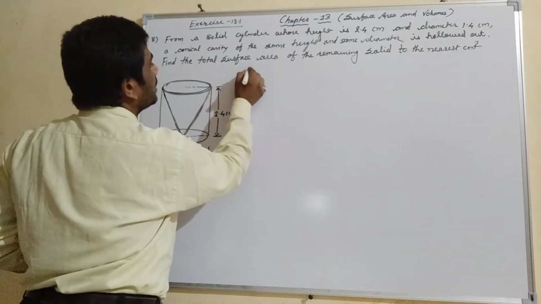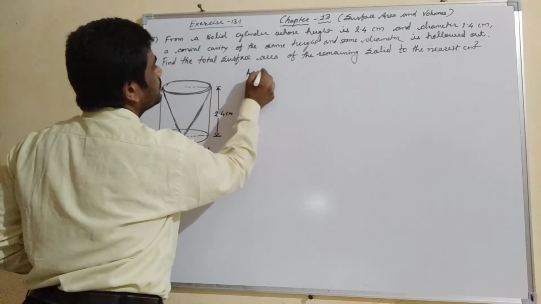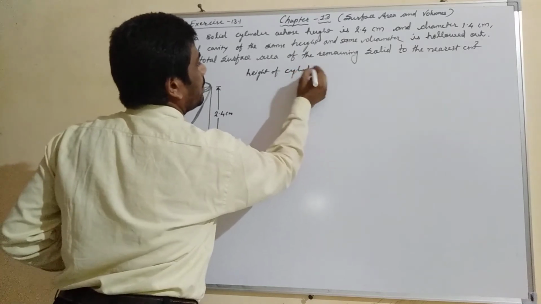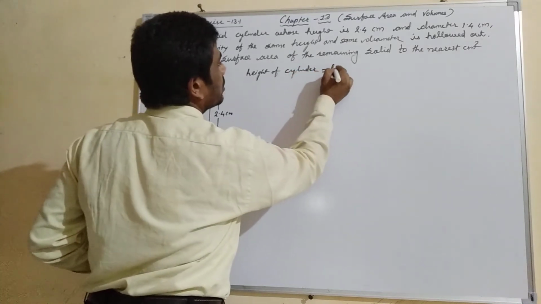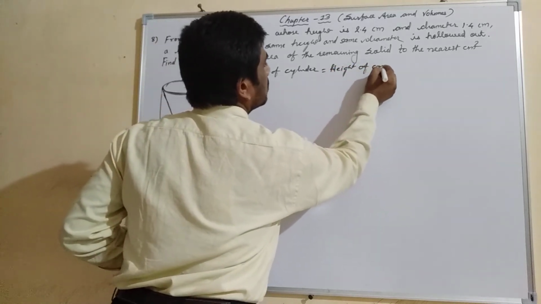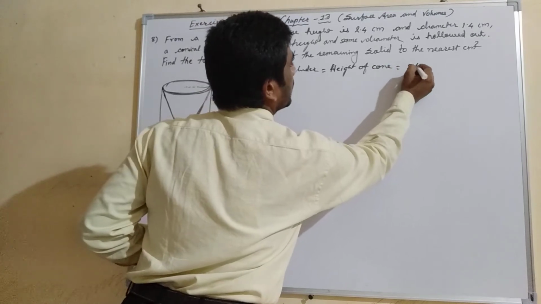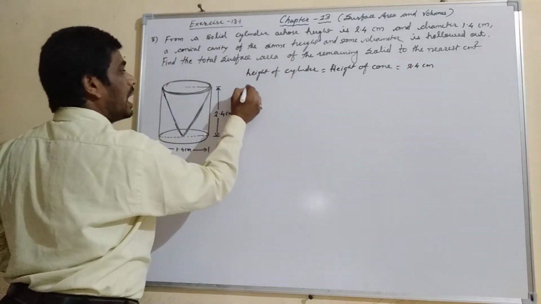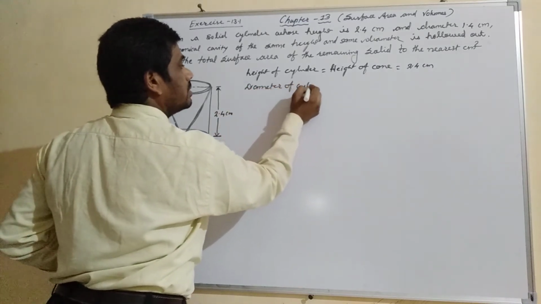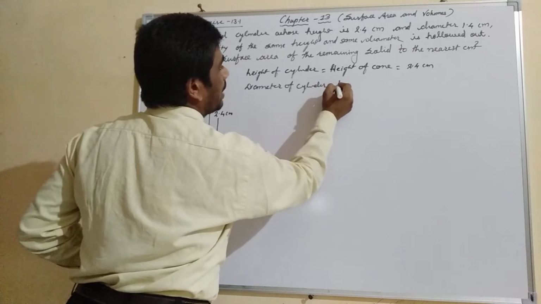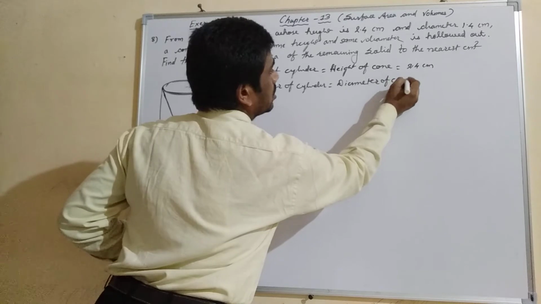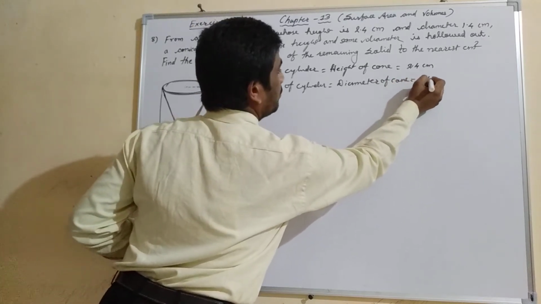This is the height of the cylinder, and that will be the height of the cone, equal to 2.4 centimeter, and diameter of cylinder equal to diameter of cone equal to 1.4 centimeter.